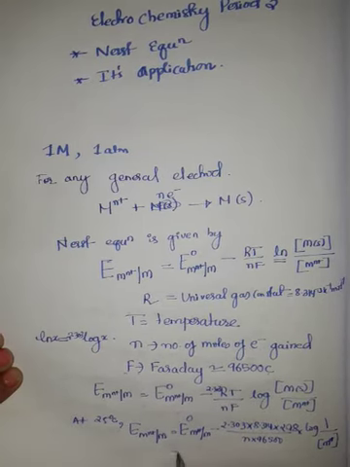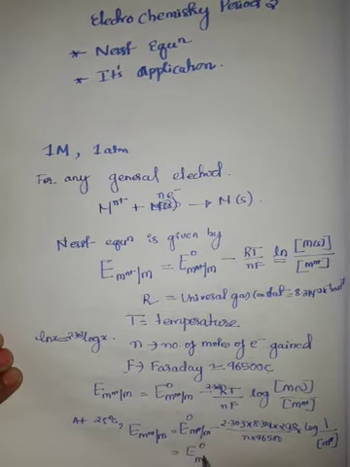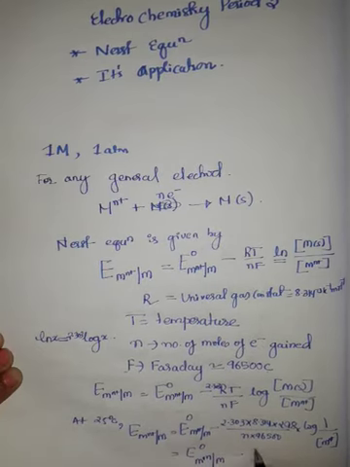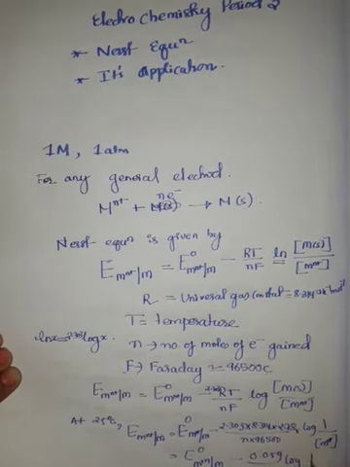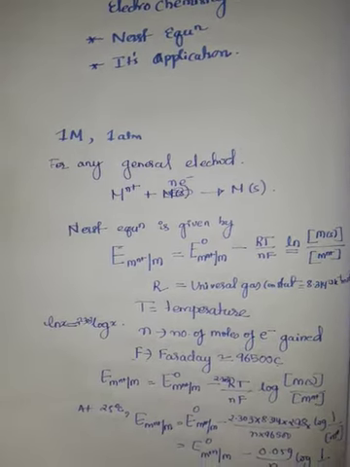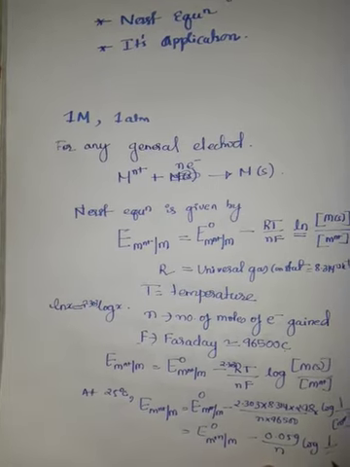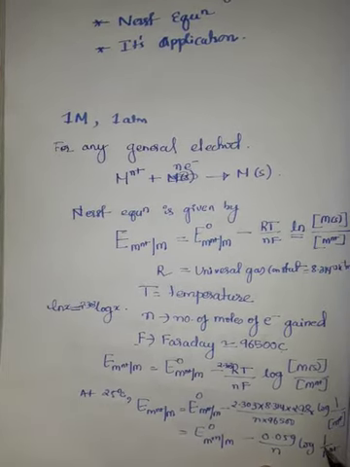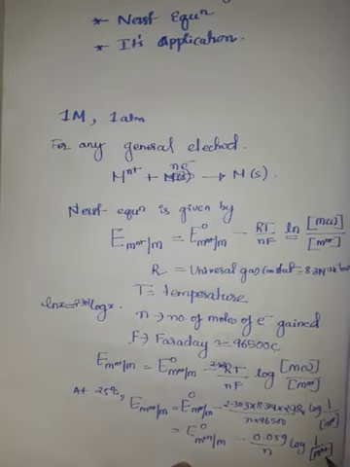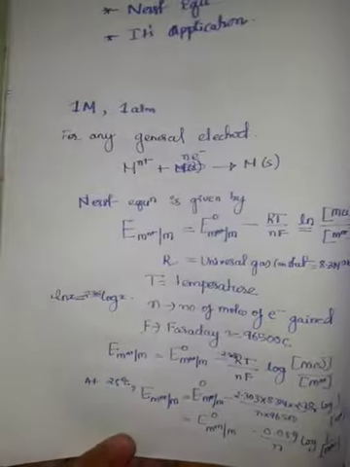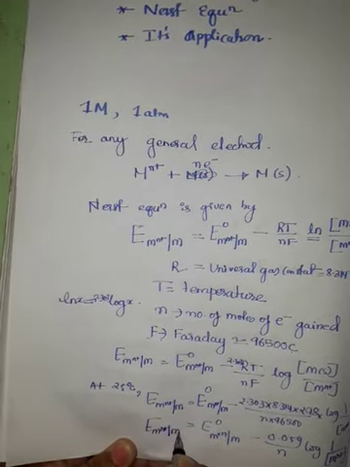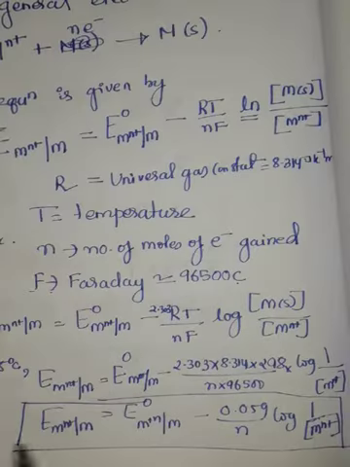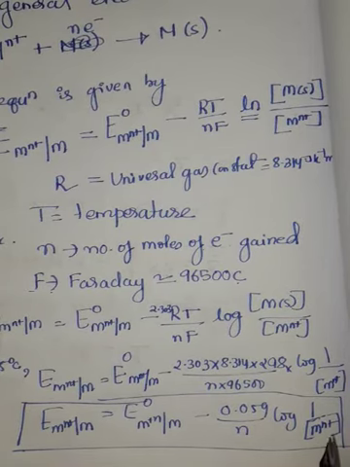After multiplying and dividing, we get 0.059 divided by n log 1 by the concentration of the metal ion. So this is the Nernst equation for any electrode at any concentration.